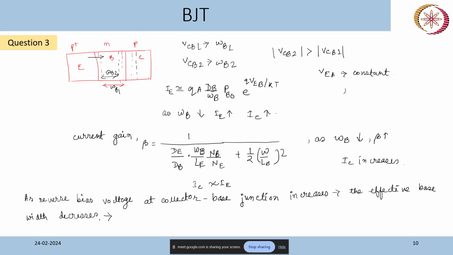When the effective base width decreases, the recombination in the base region also decreases. So IC will increase.